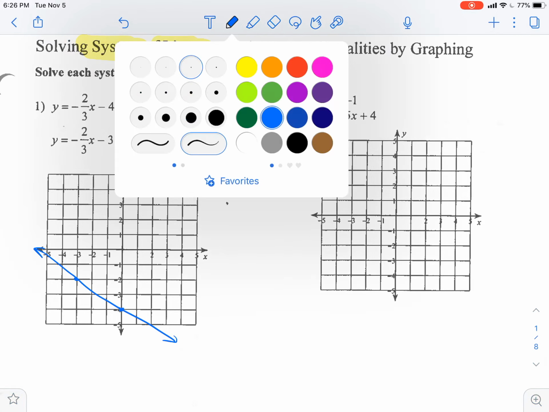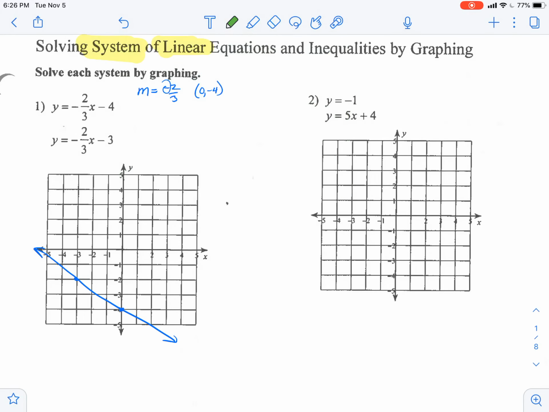Okay, so let's do the next one here. It has a slope of a negative 2/3 and a y-intercept of (0, -3). Now, from what we've done in the past, you should already start recognizing that my slopes are the same, so I should have parallel lines.